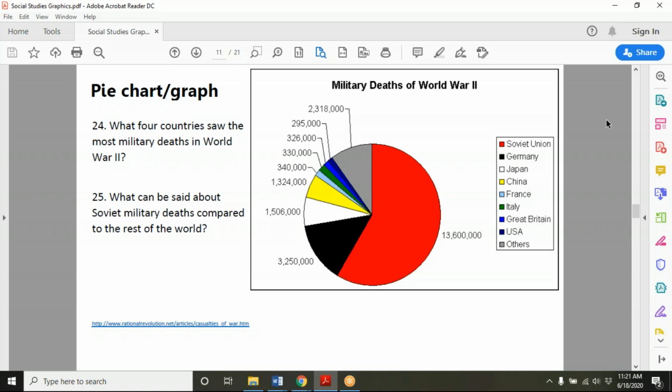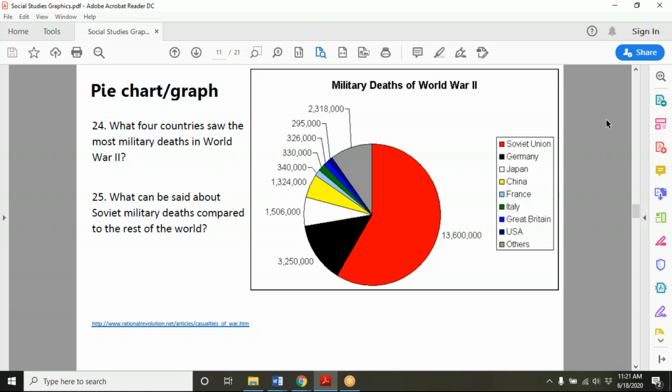But then you have also millions and millions of civilians in the Soviet Union. So yeah, you can't lose 13 million deaths in your army unless you have a very large army. So yeah, Nadia, you're right. The reason they could have so many deaths is because they had so many soldiers.